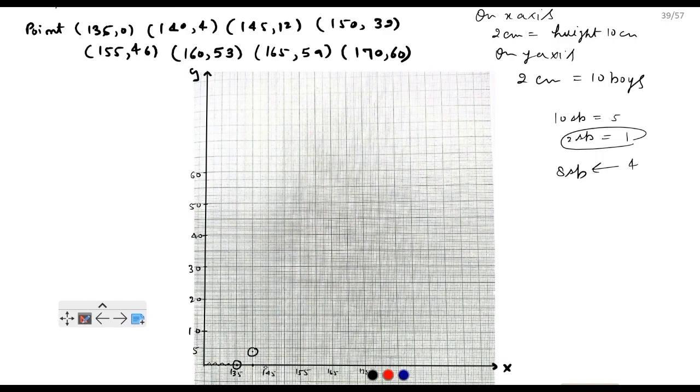Next 145, 12. For 12, after 10, for 2 count 4 small parts. At point 4 it will be 145, 12. Next 150, 32. 30 and for 2 count 4 small parts.